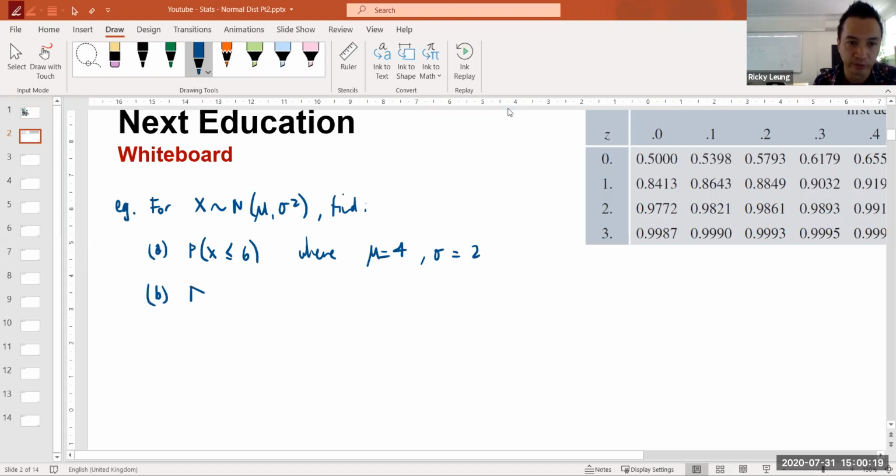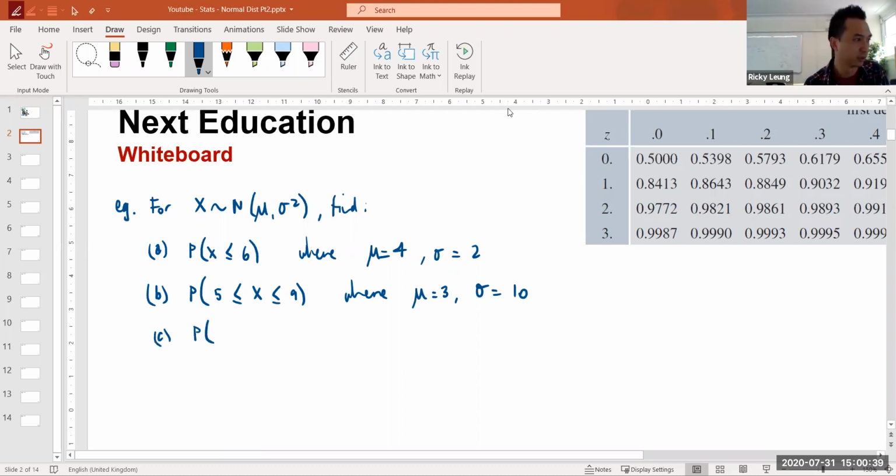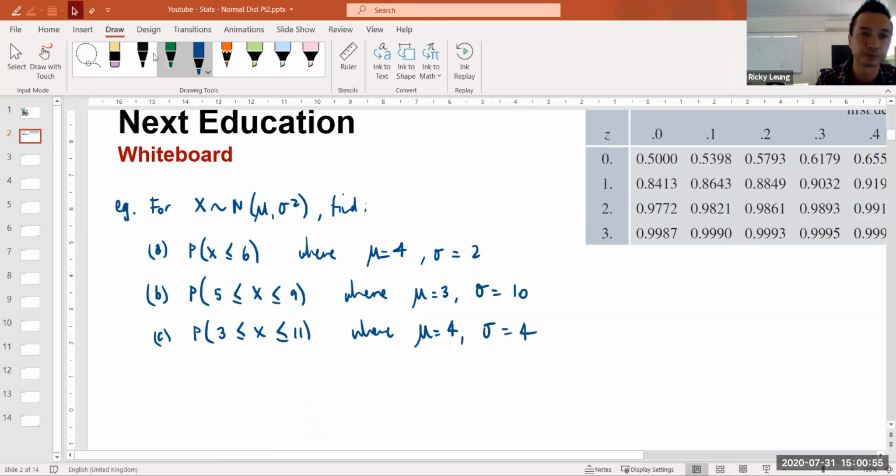Maybe I'll write down all 3 first. B: let's do one that's between 5 and 9, where let's change up the expected value, say 3, and sigma is 10. Maybe one more to illustrate something a little bit different: C: 3 less than or equal to X less than or equal to 11 looks very structurally the same as B, but when you do it, you'll see that there is a slight difference. So 3 examples, 3 quick ones.